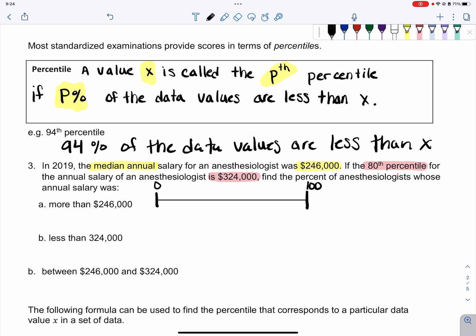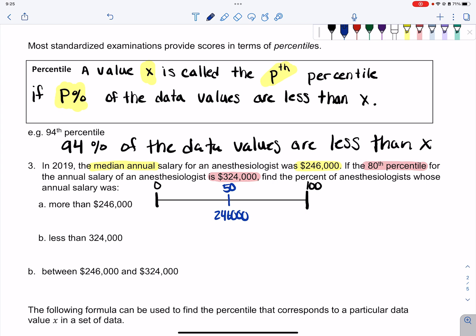Well, that means that we have essentially cut our data in half and found that value in the middle. That means half of the data values are above it and half of the data values are below it, which means the median corresponds to the 50th percentile. It's directly in the middle. And I'm saying that this is being assigned that value of 246,000 because that's the actual data value that goes with our median, the 50th percentile.